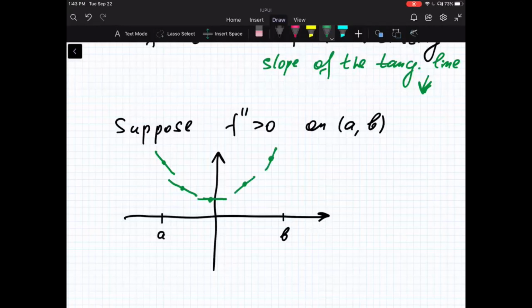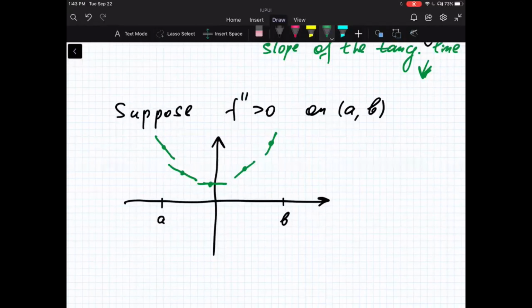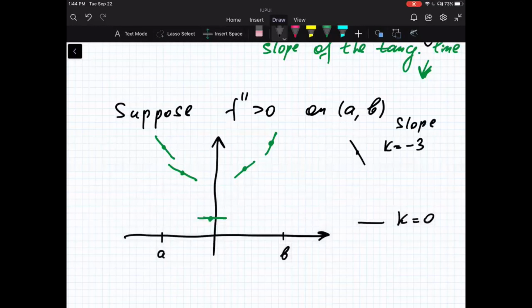Again, how to find the values of the slope depends on your function, of course. But the point is that you see what happens with the tangent lines. So again, recall that this slope is negative, so say k is -3, while this k is equal to 0. This is the slope.